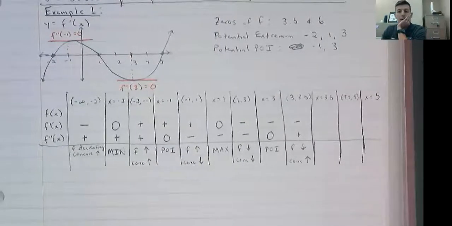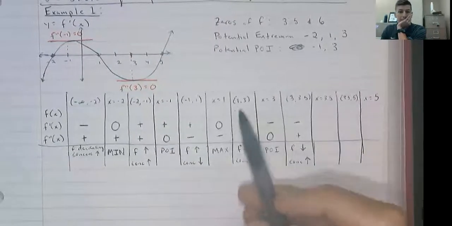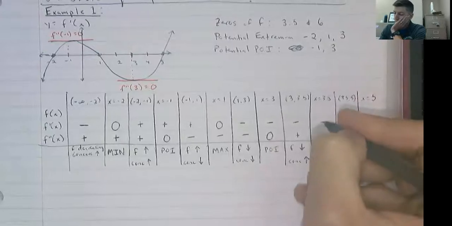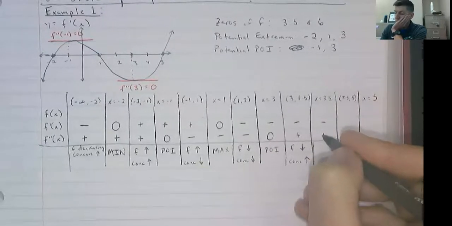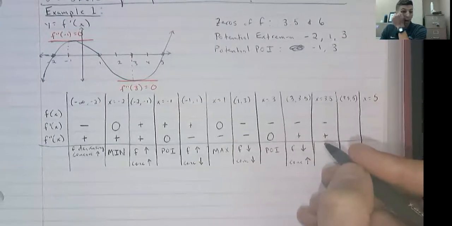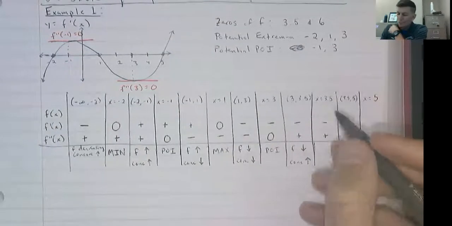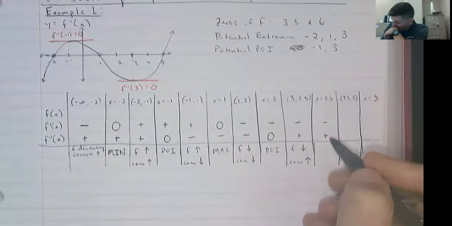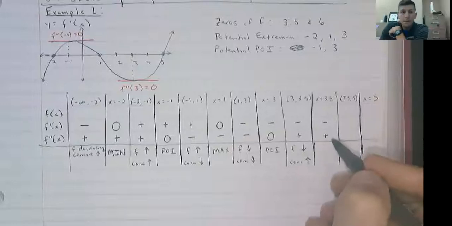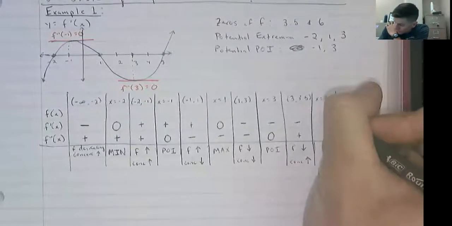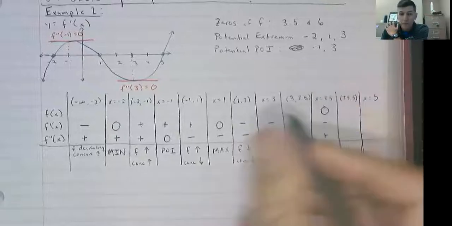Okay. At 3.5, so in here somewhere, we still have a negative derivative. We still have a positive second derivative. So we're still decreasing and we're positive and concave up, but this is the existence of our 0 of our function.